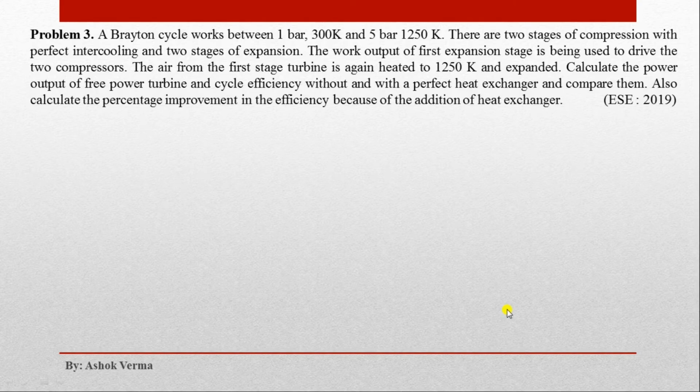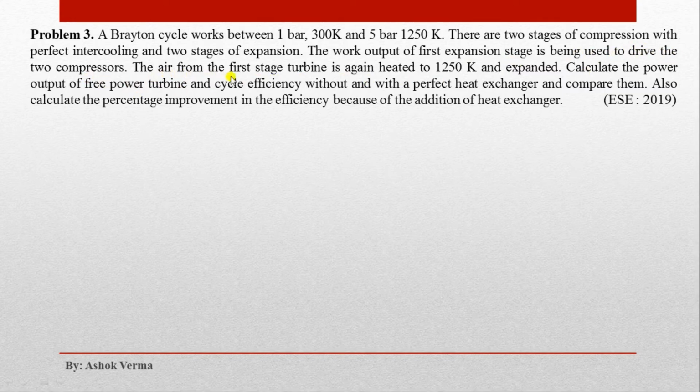A Brayton cycle works between 1 bar, 300 Kelvin and 5 bar, 1250 Kelvin. There are two stages of compression with perfect intercooling and two stages of expansion. The work output from the first expansion stage is used to drive the two compressors.